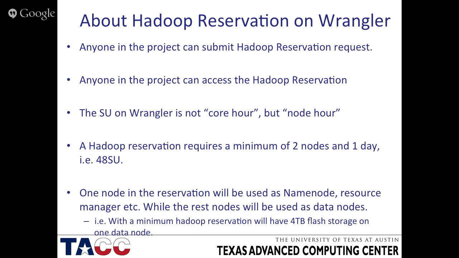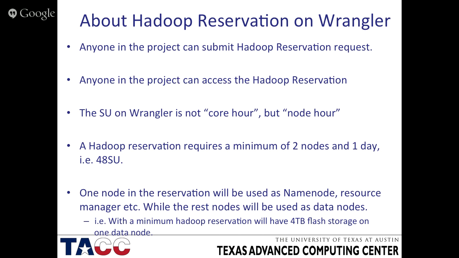During the request, you see we ask how many nodes instead of how many cores you need, and how many days you need instead of how many hours, because on Wrangler we do not charge your allocation by the core hours that you are charged on other HPC machines like Stampede. So you may notice that if you have an allocation on Wrangler, it's a much smaller number than you have on Stampede.